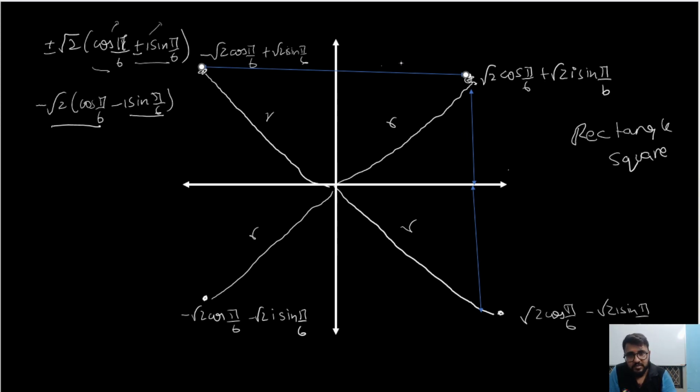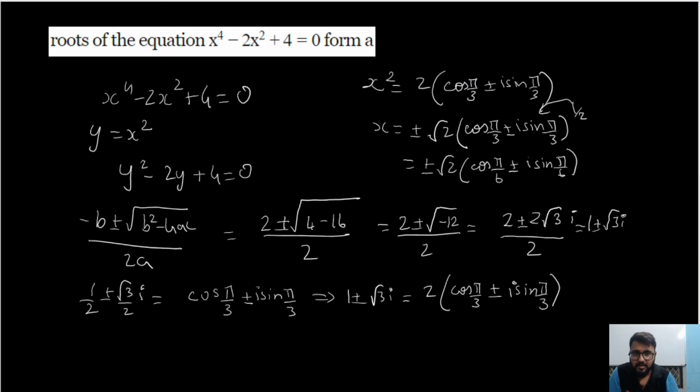Root 2 cos pi by 6 added 2 times will give you 2 root 2 cos pi by 6, and that is not equal to 2 root 2 sine pi by 6. They are two different values. So you know now that only the opposite sides are equal, so it can't be a square, it is just a rectangle. All right, so the shape formed by the roots of the given equation is a rectangle.